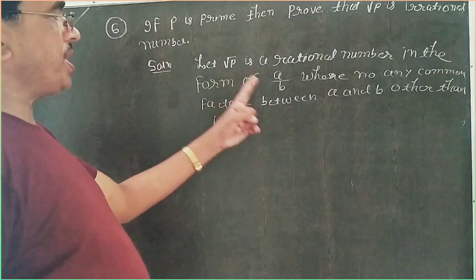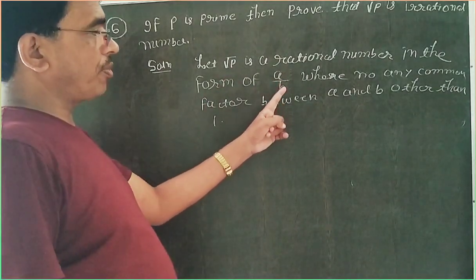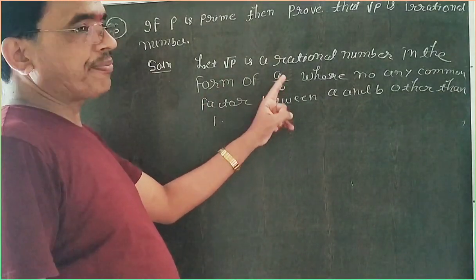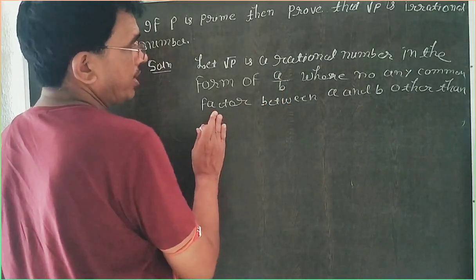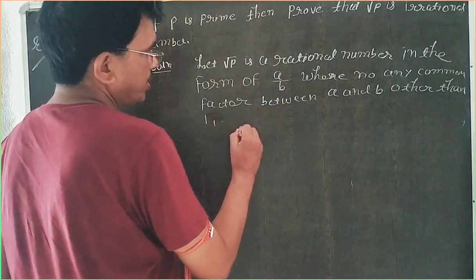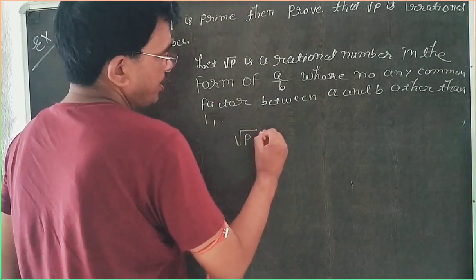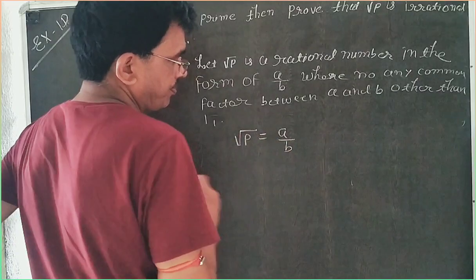That means root P is a rational number in the form of a by b and no common factor between a and b other than 1. So suppose root P is equal to a by b.